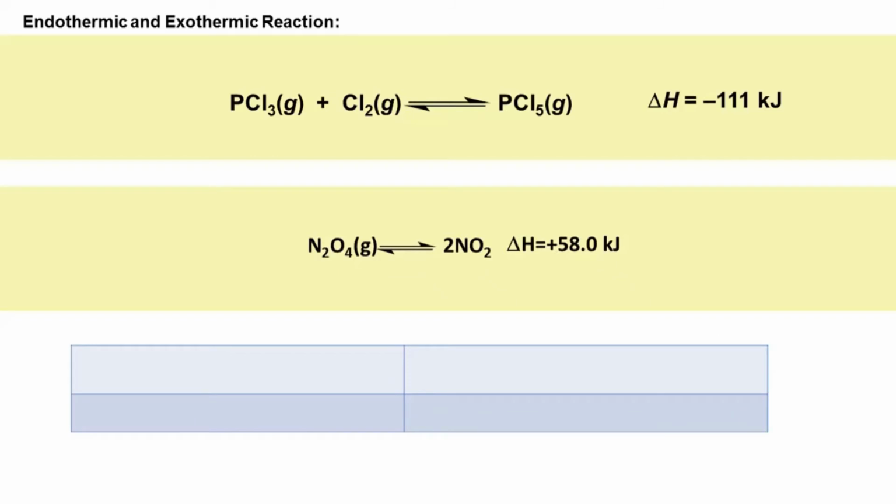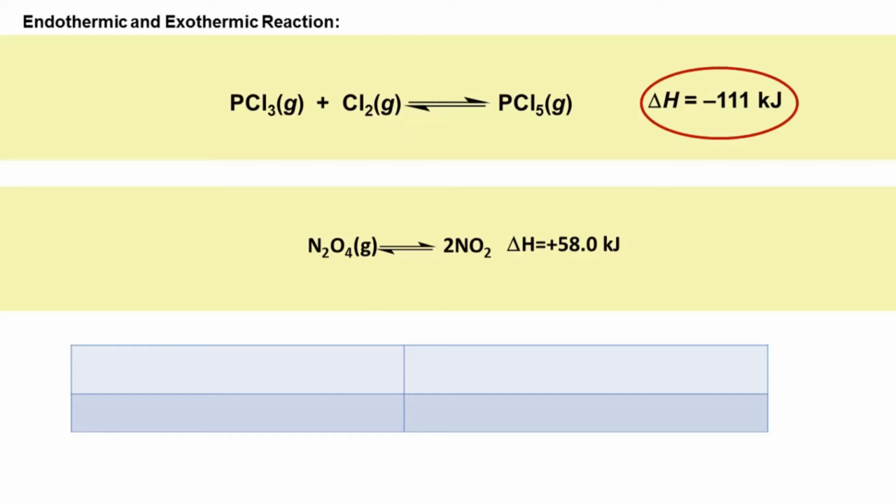In the following slides, I will introduce the effect of change in temperature on an equilibrium system. Let's look at the examples given. In both reactions, they have different enthalpy changes, delta H. What does that imply? In the first reaction, the delta H is negative.